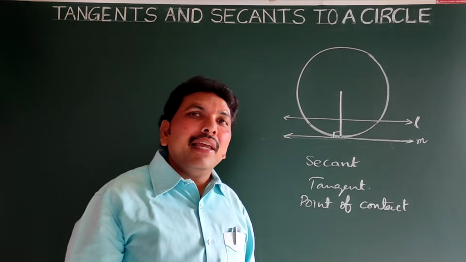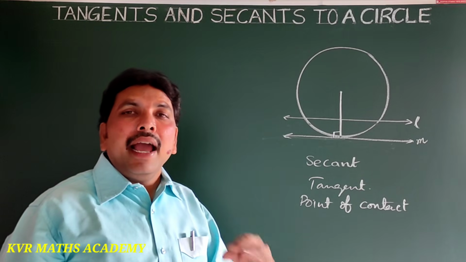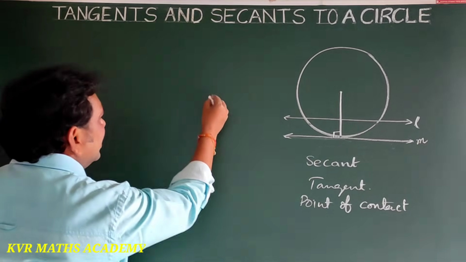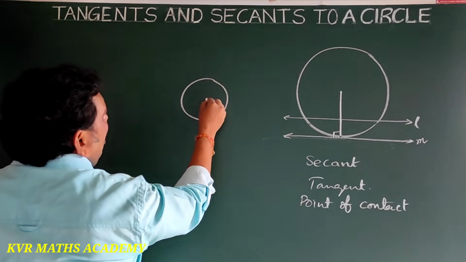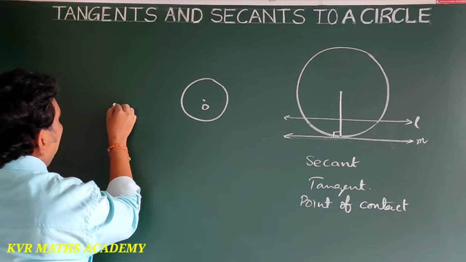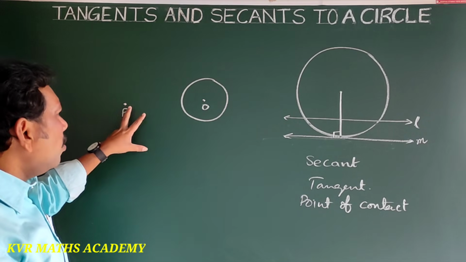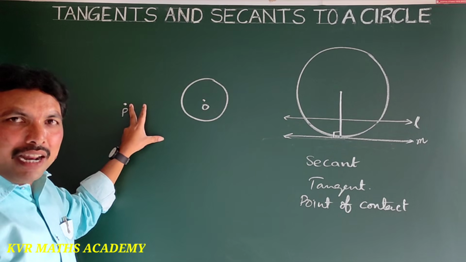Next, how many tangents can we draw to a circle from any external point? Suppose this is the circle of center O, and P is an external point to the circle. So how many tangents can we draw to a circle from the external point?